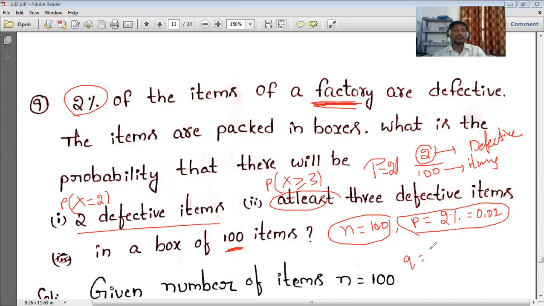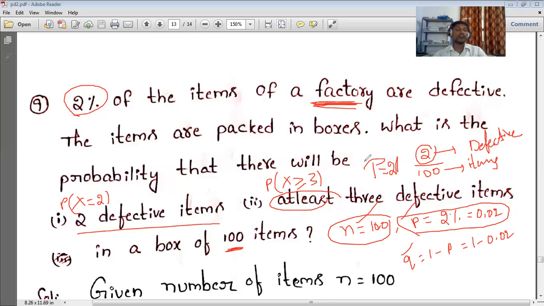Since p plus q is equal to 1, q is equal to 1 minus p, so 1 minus 0.02. So n, p and q we know, so binomial distribution we can use. They didn't mention anywhere that we are following Poisson distribution. So we can apply binomial as well as Poisson.